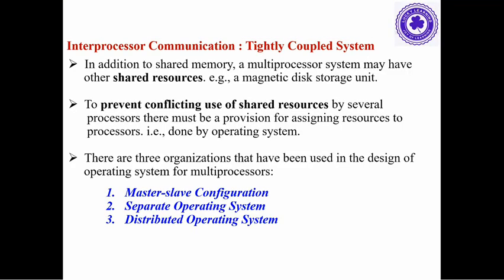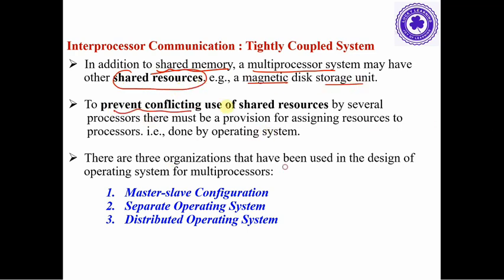Here, we will discuss interprocessor communication with respect to tightly coupled systems and loosely coupled systems separately. The tightly coupled system is going to make use of shared memory. In addition to shared memory, a multiprocessor system may have other shared resources like magnetic disk and storage units.